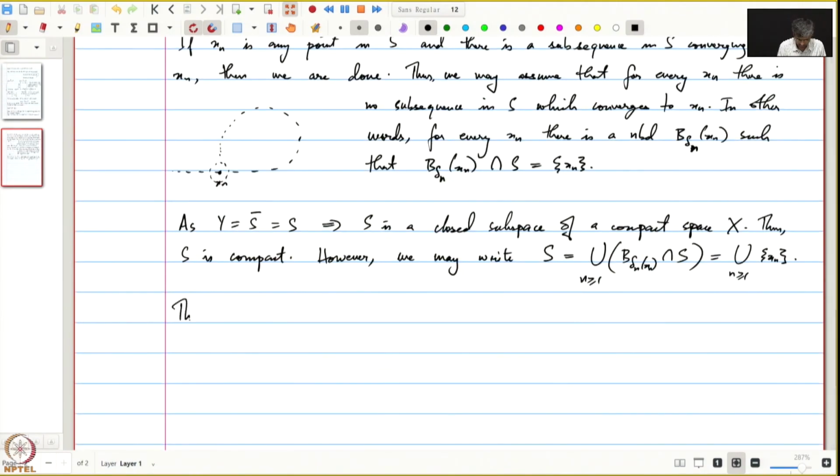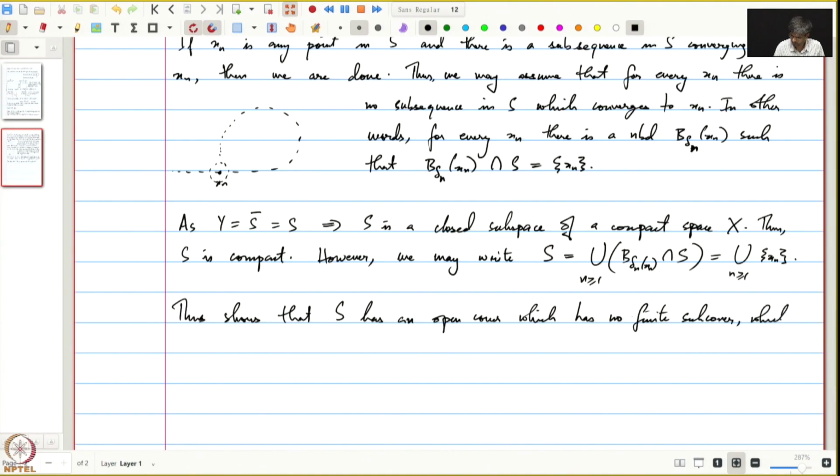Yeah, this shows that S has an open cover which has no finite subcover. Which is a contradiction. Okay. So this completes the proof of one part.